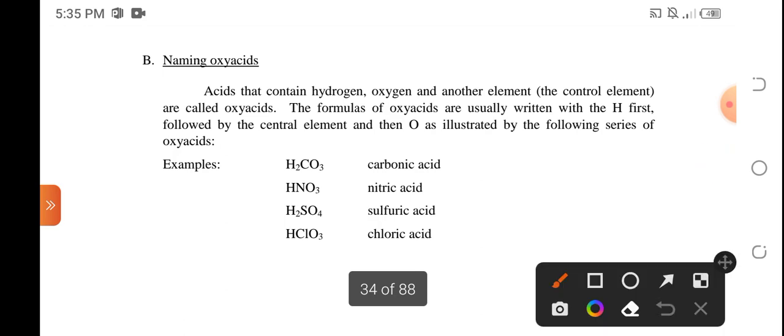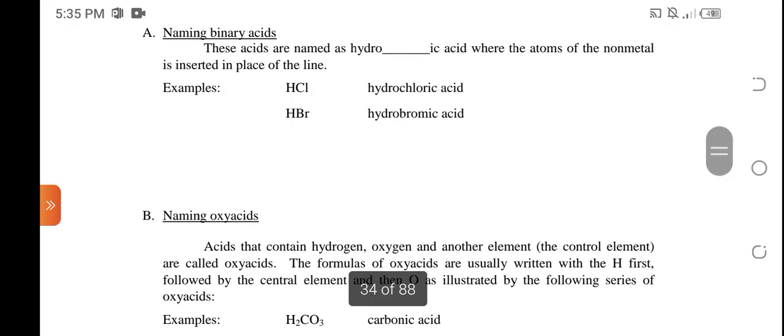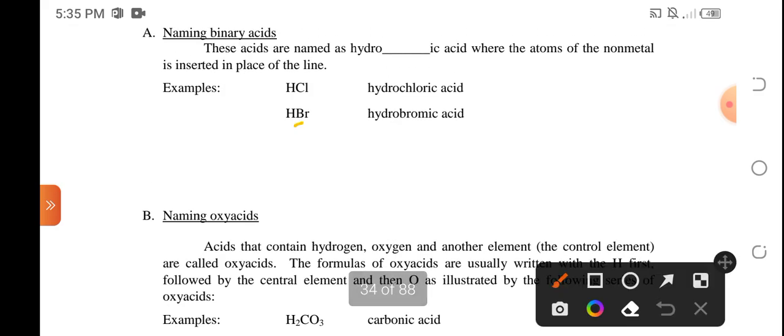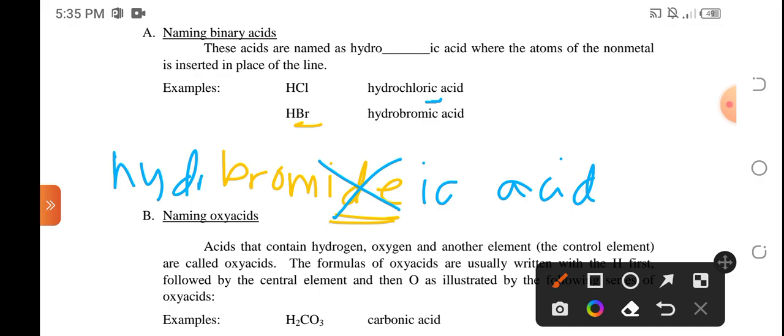Okay? So ulitin natin yung kanina, yung rule natin dito. If the name of the anion ends with IDE, like bromide, okay, we are removing the IDE and replace it with IC acid plus the word hydro. Okay?